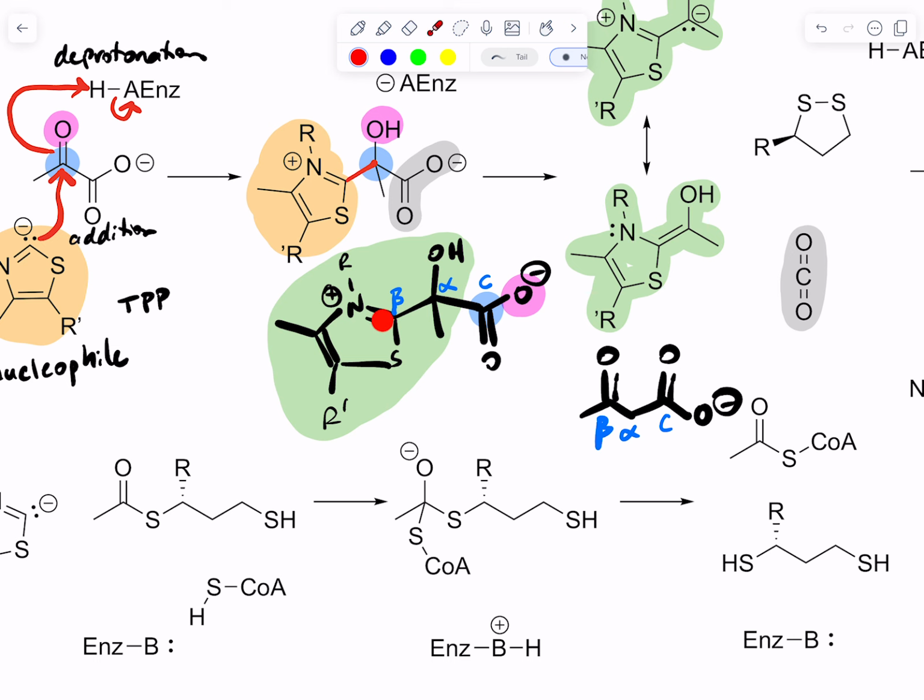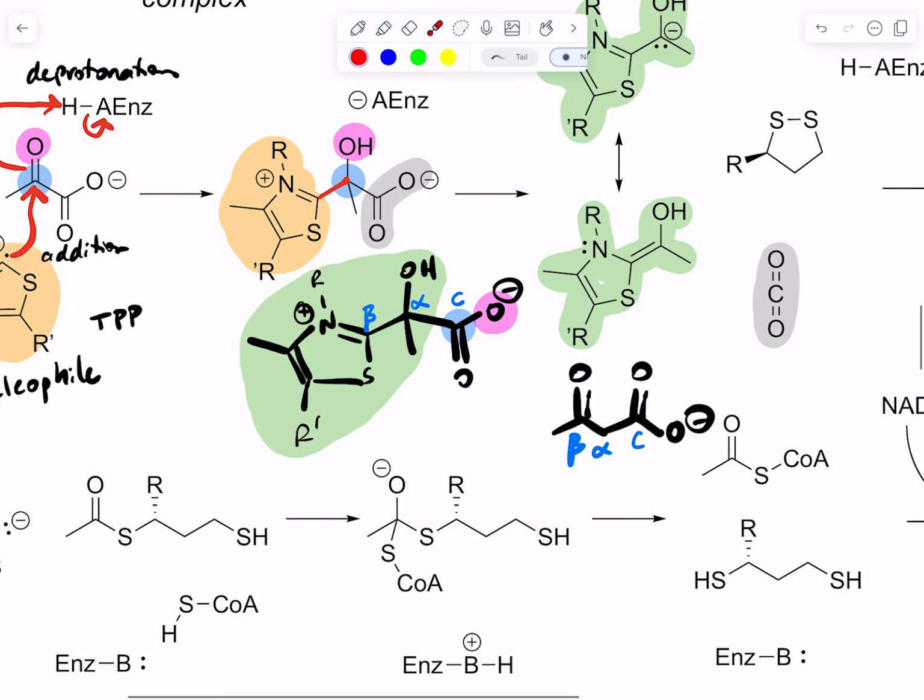Their beta carbon is involved in a pi bond. Now that's not a ketone, but if you squint your eyes a little bit and relax and think, well, nitrogen's electronegative, kind of like oxygen, that's a pi bond in the same way that this is a pi bond. You've got something there that's kind of like a ketone.